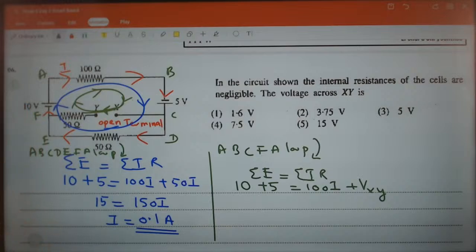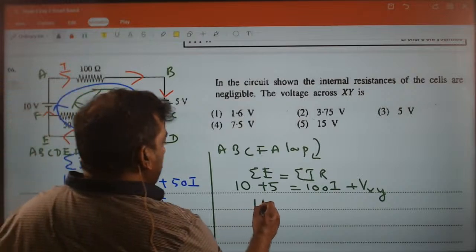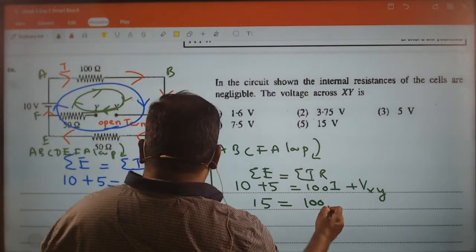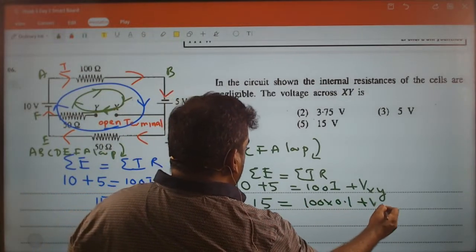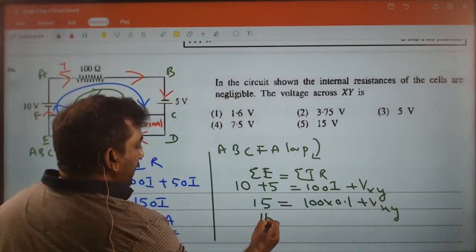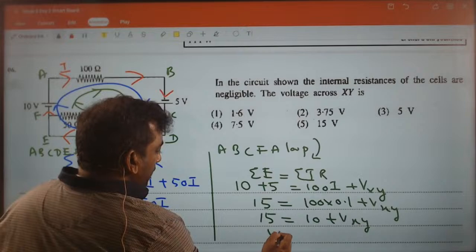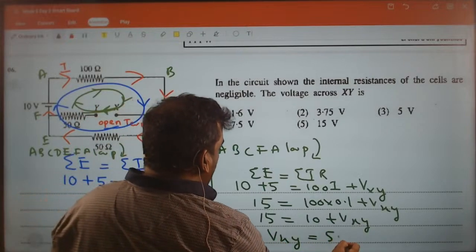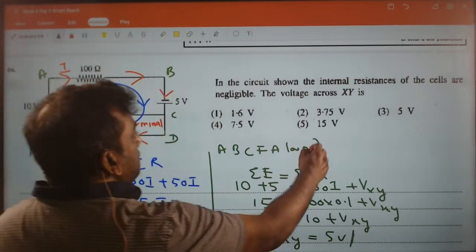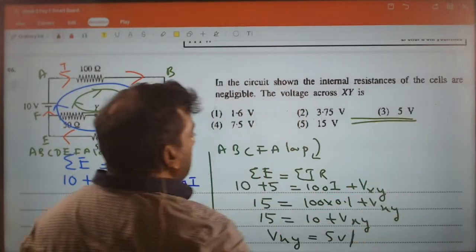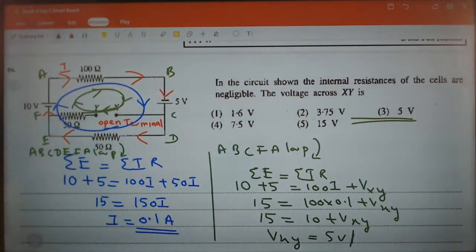Simplify this carefully. 15 equals 100 times I, which is 0.1. 15 equals 10 plus Vxy. Vxy magnitude is equal to 5 volts. The correct answer is answer number 3.